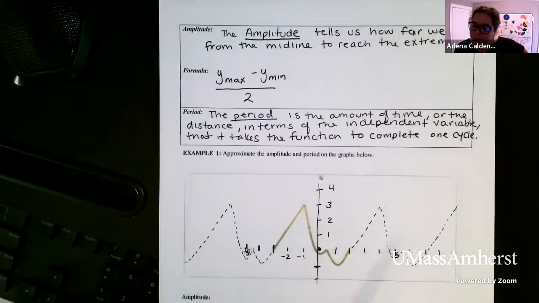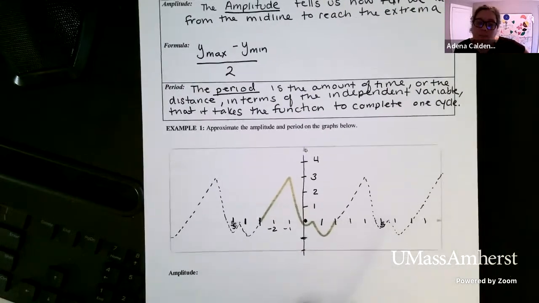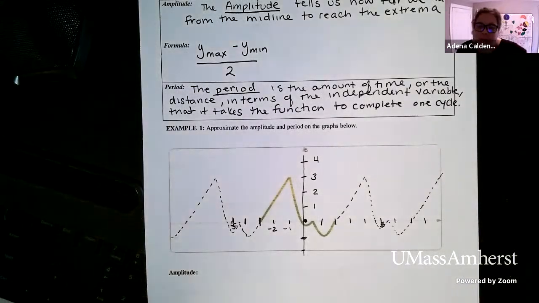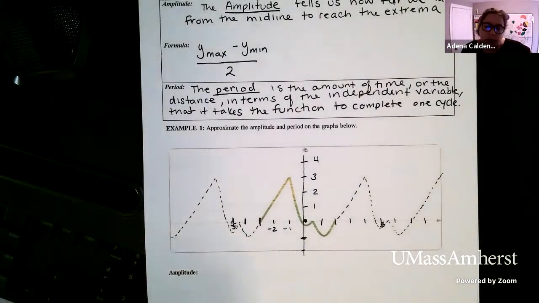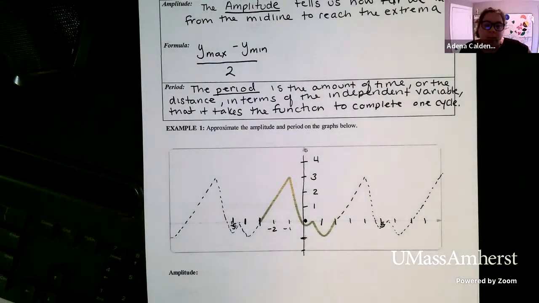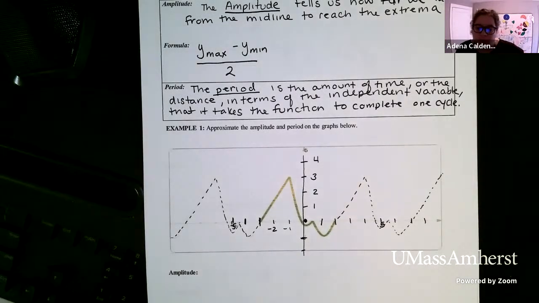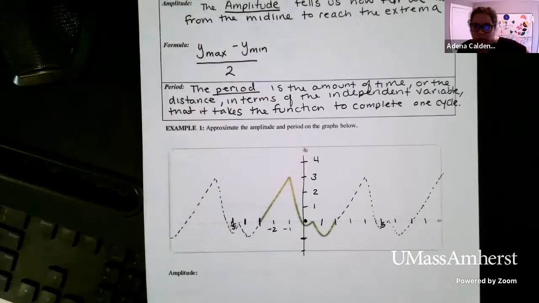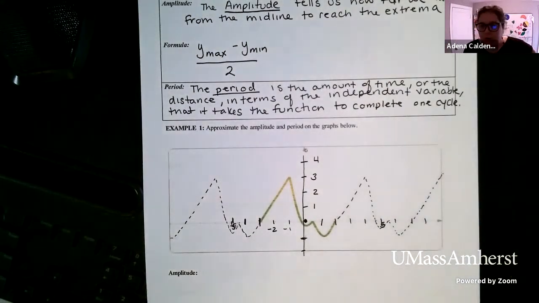Okay, the other thing that we are interested in is called the period, which I mentioned before. And the period is the amount of time or the distance in terms of the independent variable that it takes the function to complete one cycle. So how long does it take for the function to repeat? That is the question. How often do we restart this pattern that we're seeing?